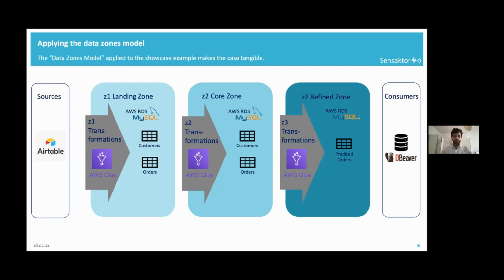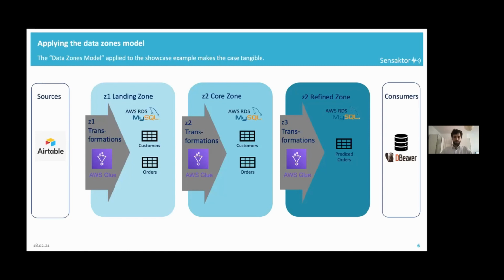Our showcase has a data source, Airtable, a web-based spreadsheet tool where you can collaborate on the same data together. For example, in Airtable, there are two tables, customer and orders. Those two tables are imported into AWS MySQL using AWS Glue.